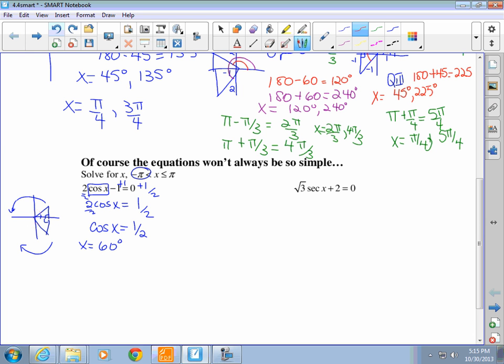So I'm actually just looking for this angle, because I can only go to pi. I have to start here and go this way, or start here and go that way. So then my other reference angle would be negative 60 degrees. If I did that in radians, it would be pi over 3, and you could just put plus or minus pi over 3.